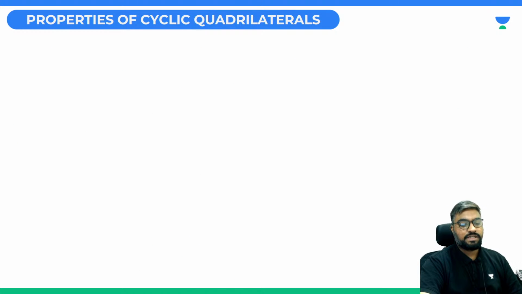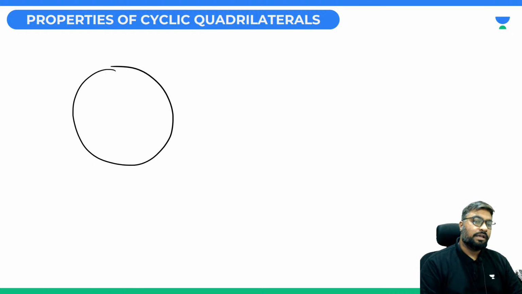Last concept of circles, guys. Last concept of circles, cyclic quadrilaterals. What is a cyclic quadrilateral? If you have 4 points on the circle, let's say A, B, C, D are 4 points on the circle, then the lines joining them will form a quadrilateral.